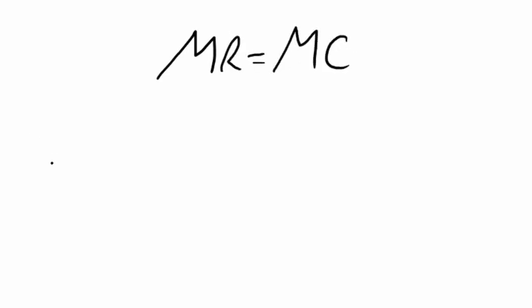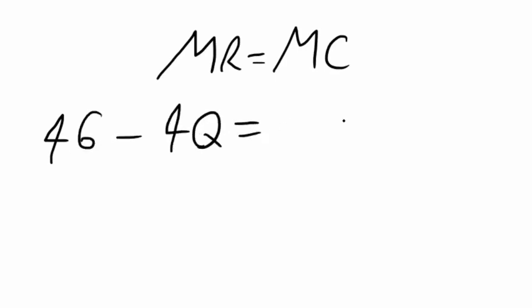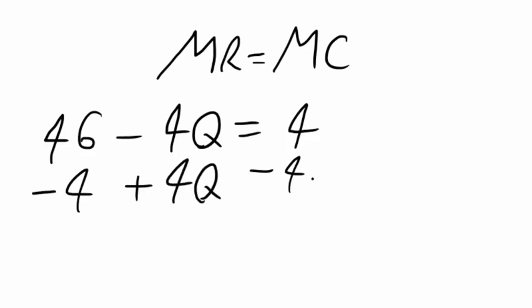So now we have our marginal revenue and our marginal cost, so we can follow the profit maximization rule of marginal revenue equals marginal cost, and our marginal revenue was 46 minus 4Q, and that was equal to our marginal cost of 4.